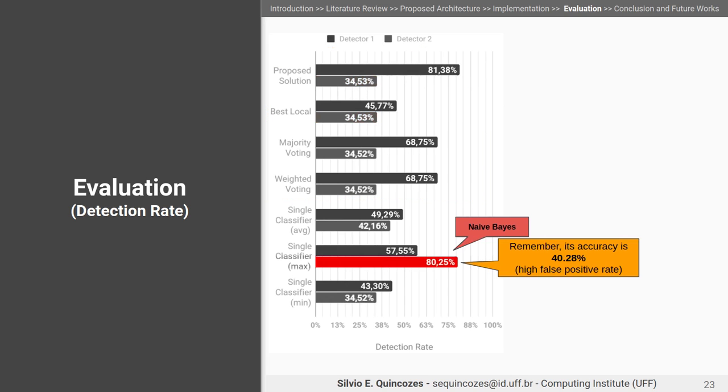Notice that among the single classifiers there is an algorithm with a high detection rate, that is naive Bayes. However, remember that it is not a viable solution because even with its high detection rate, this classifier presented many false positives, so its accuracy was very poor, as I said in the previous slide.